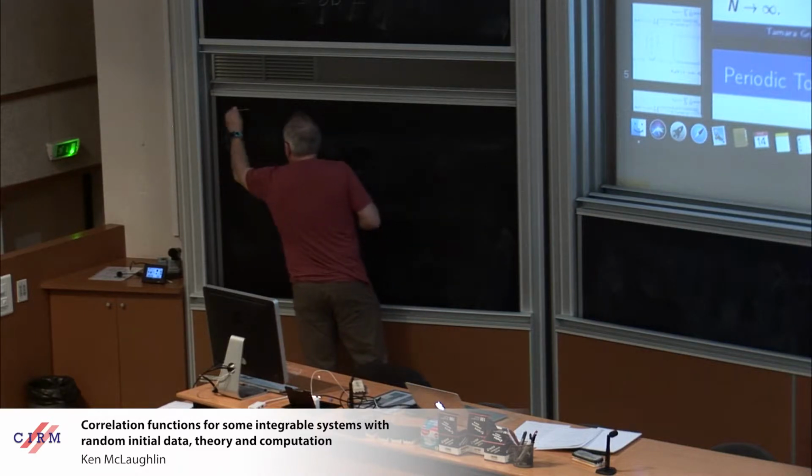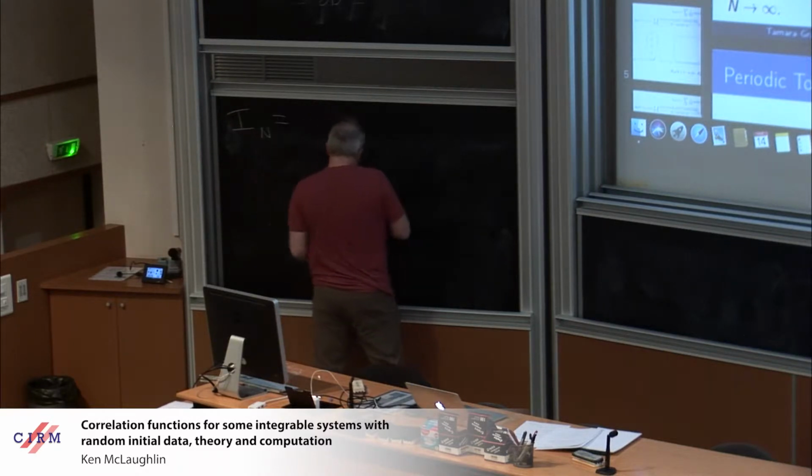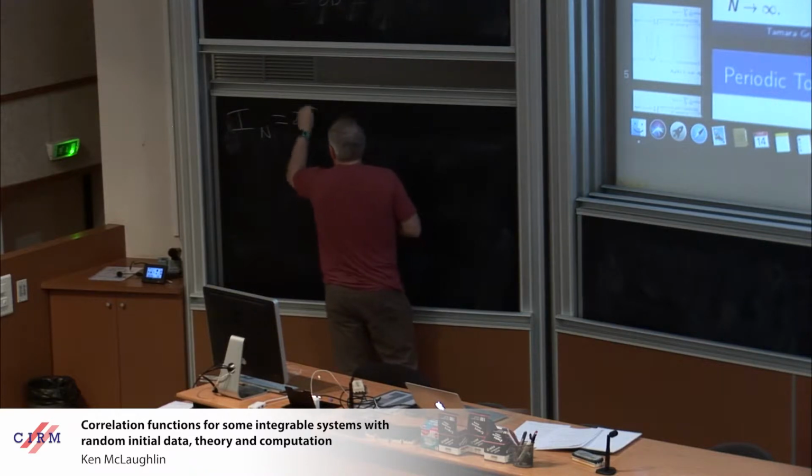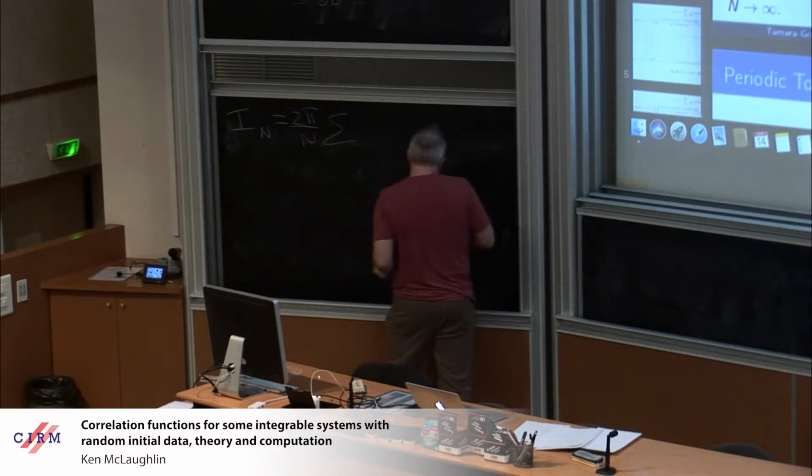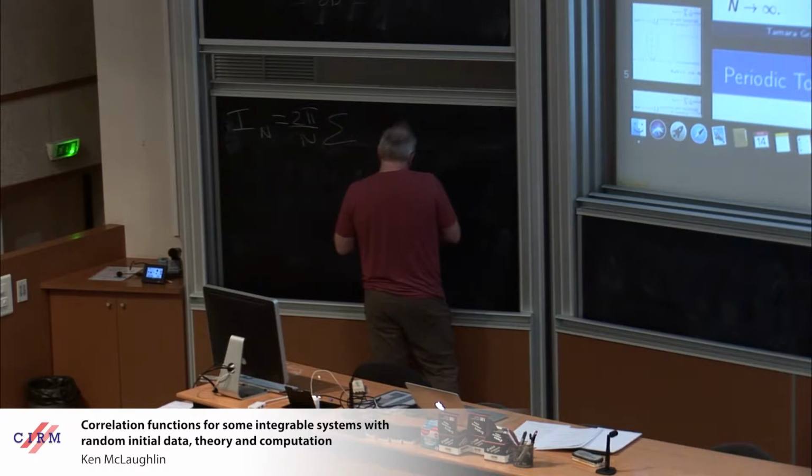So then I_n is 2 pi over n, and then it's a sum, k goes from 1 to n.